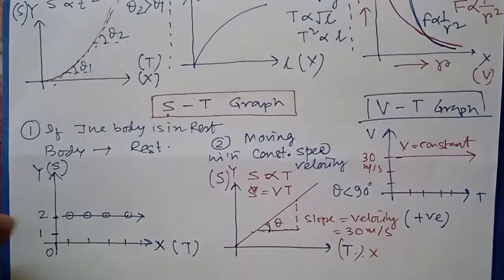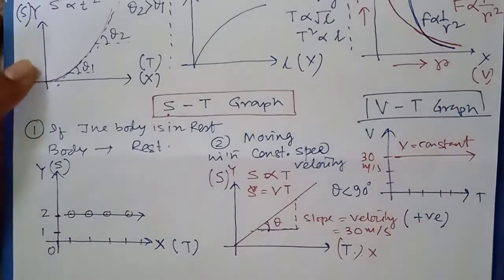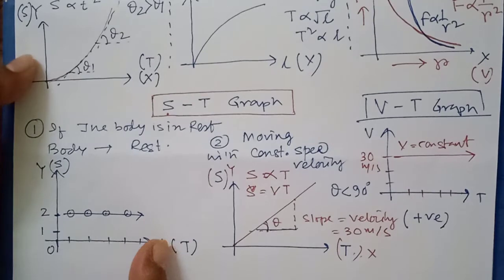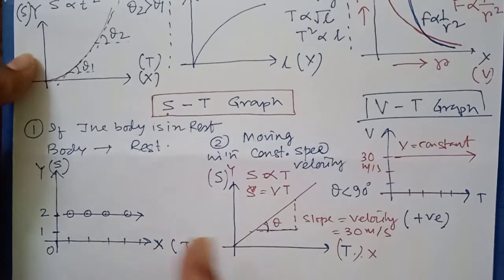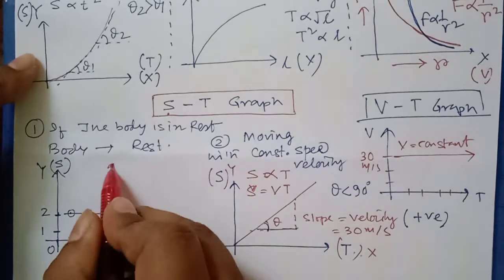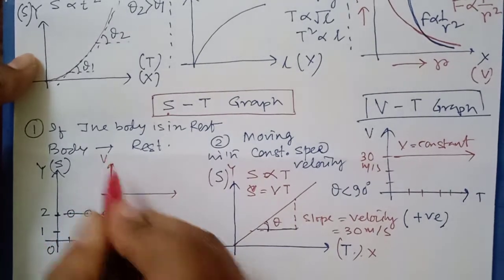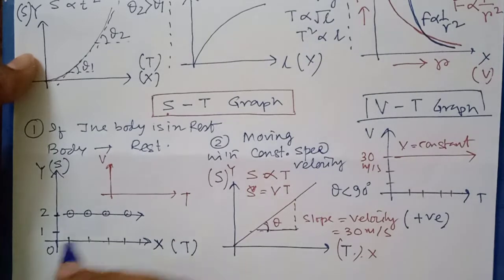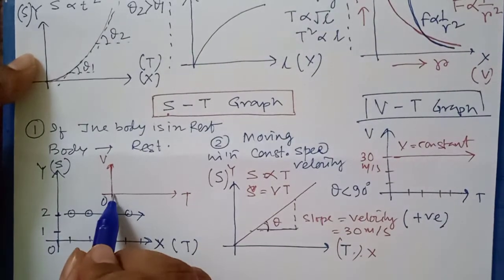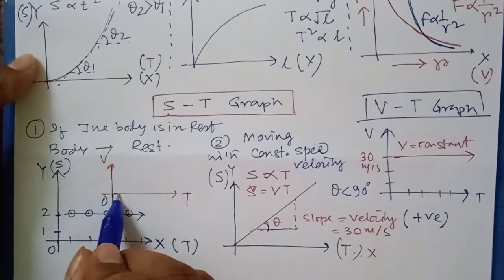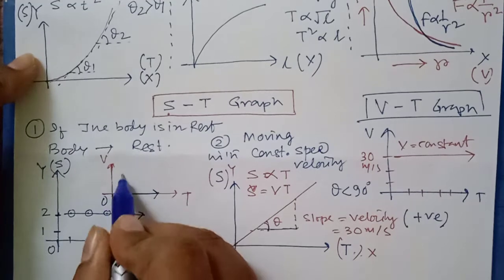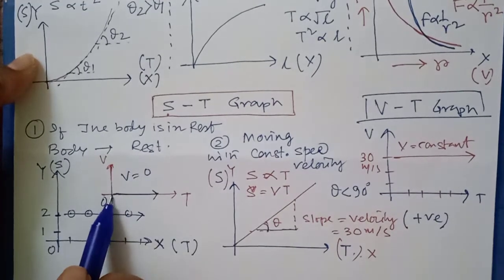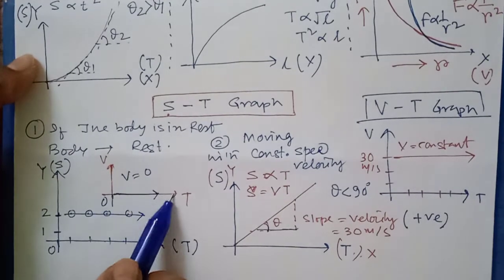Now can you tell me for the rest graph, see here displacement is constant but velocity is 0. So if you draw the velocity time graph, this is velocity, this is time, so the graph will be along the time axis. It means velocity is 0, here velocity is 0, so the graph merges with the time axis.